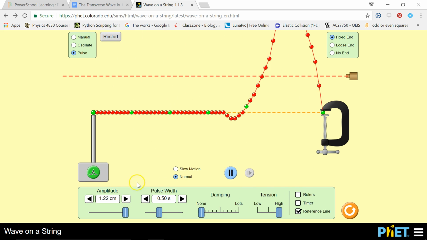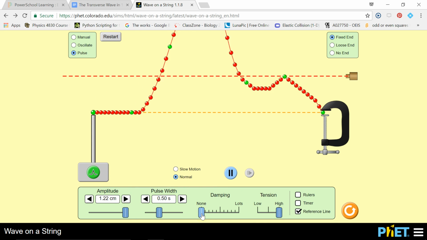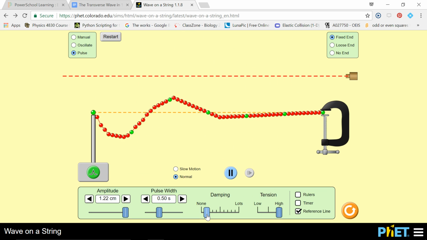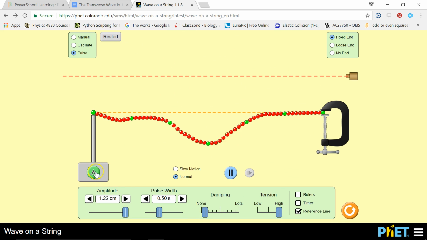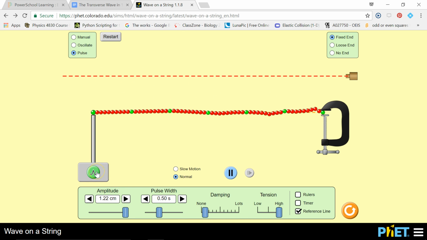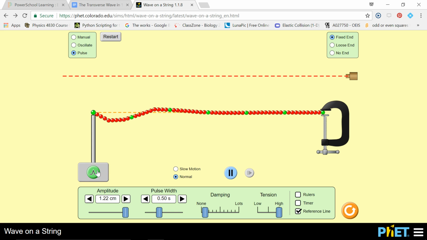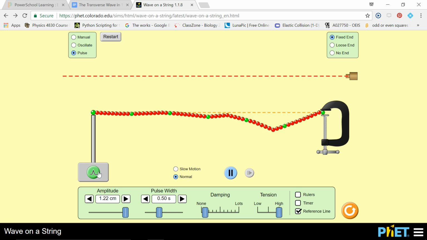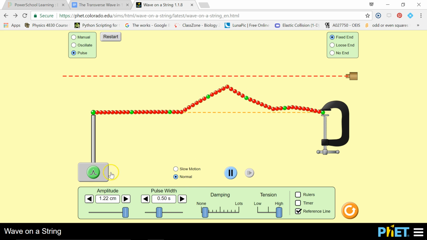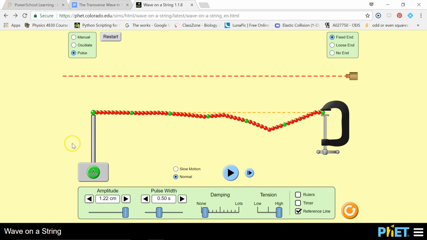In this system, if you add just a little bit of damping, it's going to dampen pretty quick. In order to keep my standing wave going, I have to keep adding energy to this thing. We had a standing wave with no damping, but in reality, we have damping.